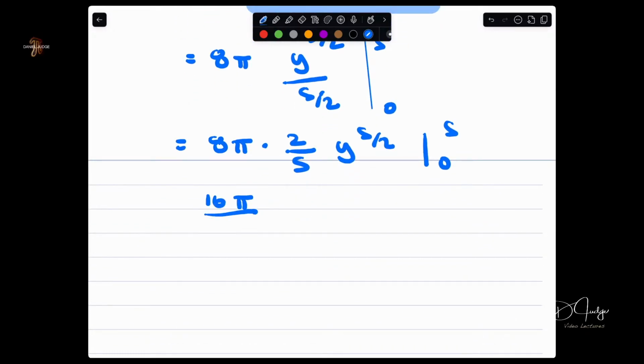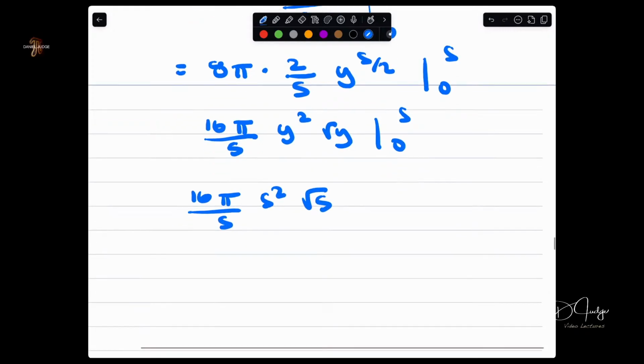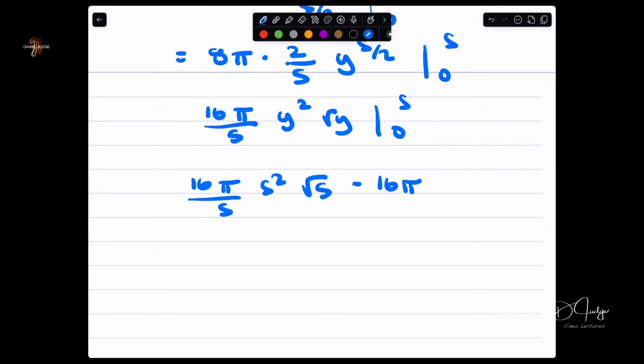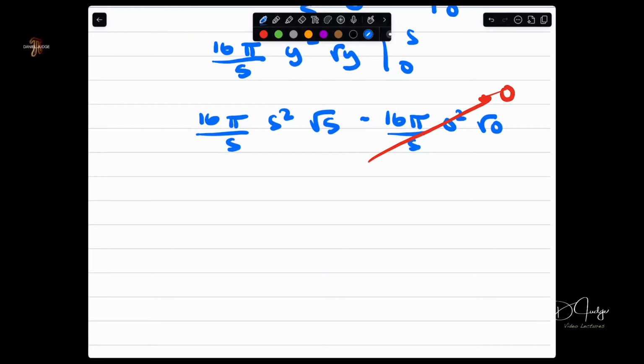Let's see, we get 16 pi over 5, y squared, square root of y from 0 to 5. 16 pi over 5, 5 squared, square root of 5, minus 16 pi over 5, 0 squared, square root of 0. This portion here becomes 0. So looks like we're going to get an opportunity to remove that. So 16 times 5, I believe that's 80 pi square root of 5.